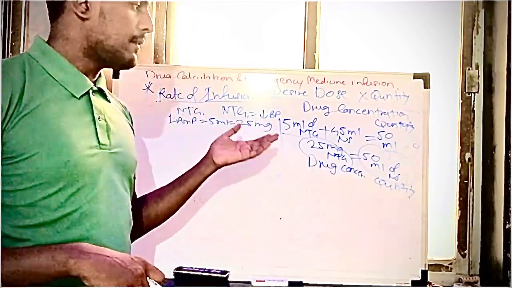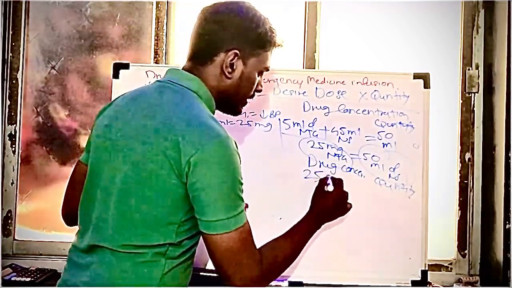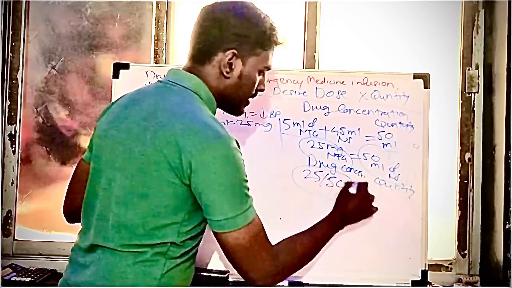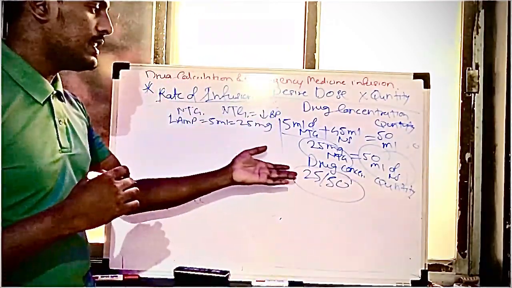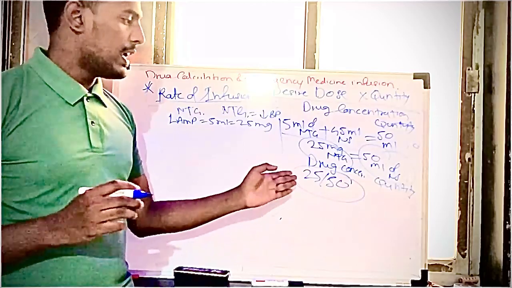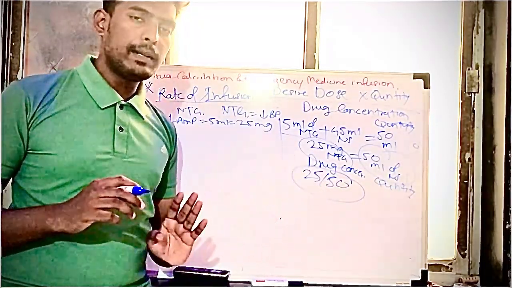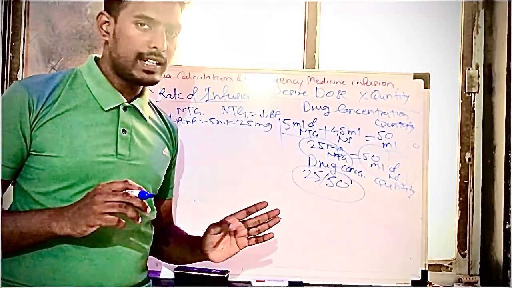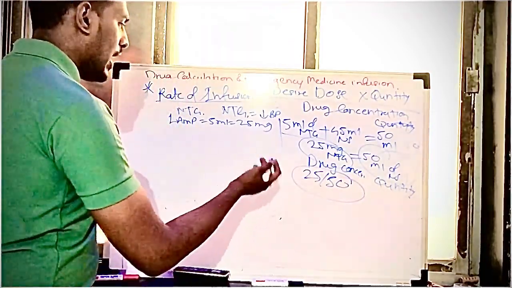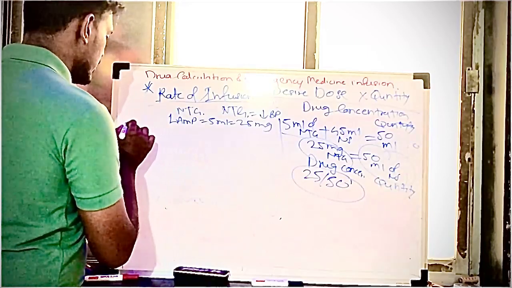So basically that 25 by 50 is the single strength of NTG we prepared. 25 is the drug concentration, that is the NTG, and 50 is the dilution quantity, that is the NS. Okay, now we prepared the infusion syringe.